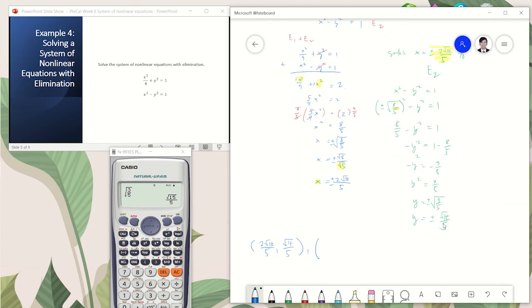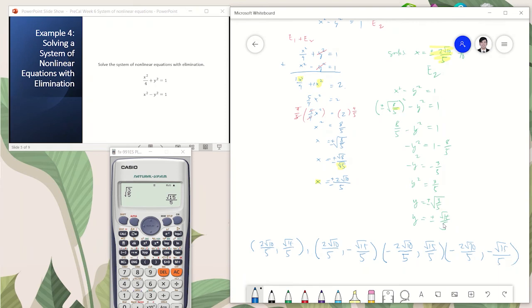It's also possible that the x would still be the same, but the y coordinate is the negative of it. The other possibility, the x would be negative 2 square root of 10 over 5, and then this would be the positive square root of 15 over 5. Or this could be still negative 2 square root of 10 over 5, but instead of positive square root of 15 over 5, negative square root of 15 over 5.